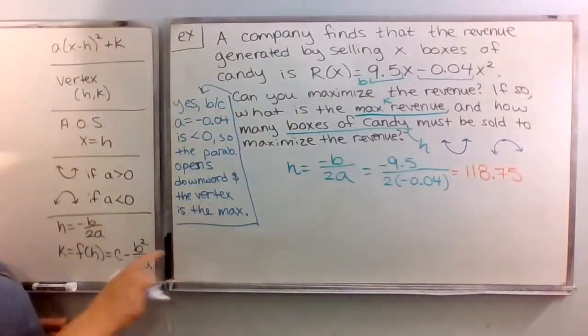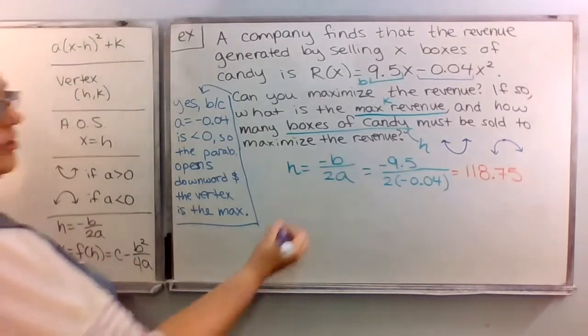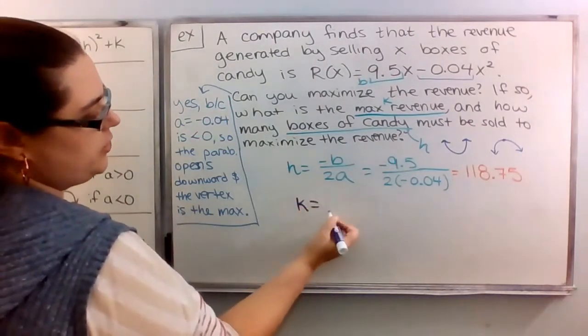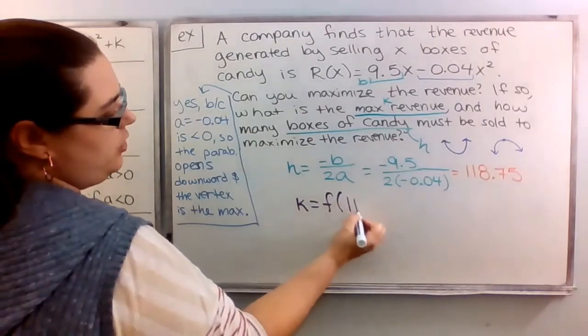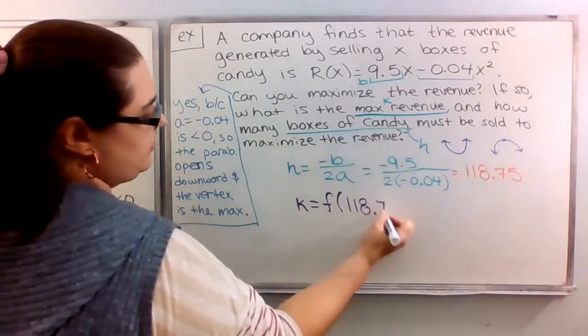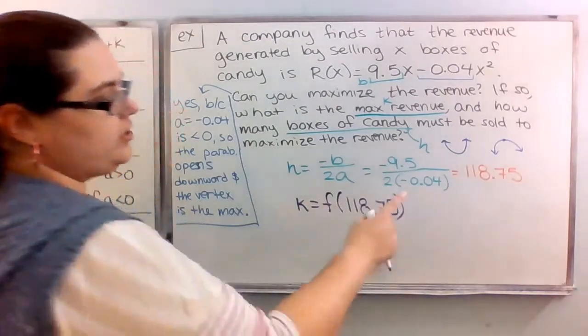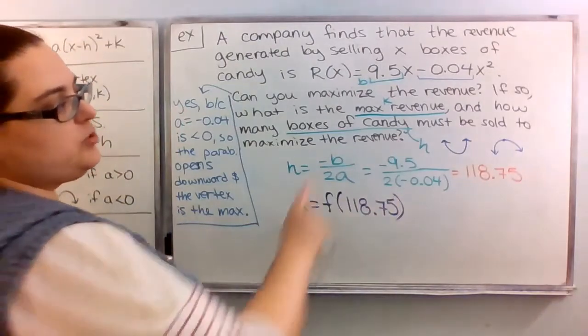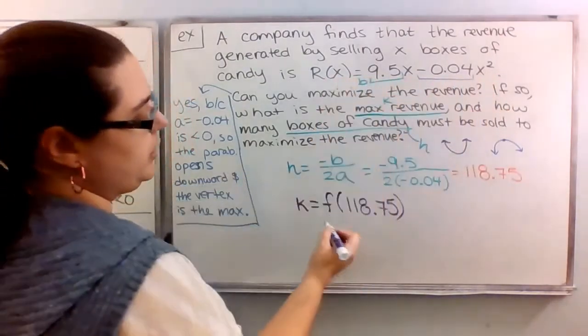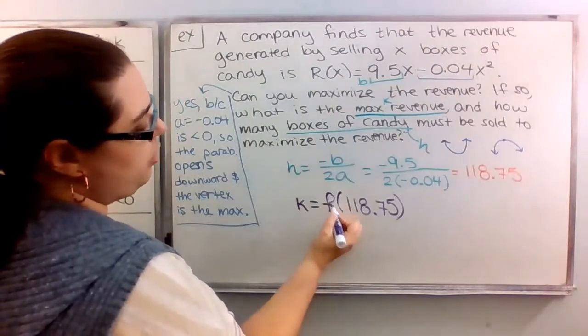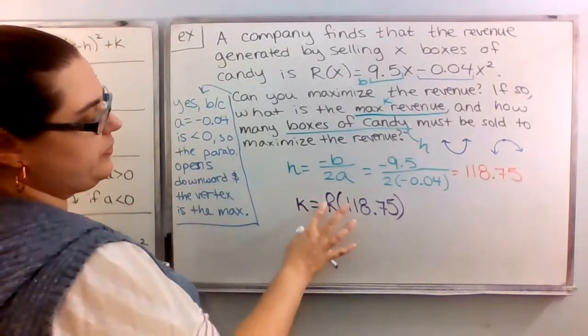So to find k, we're just going to throw that into the function. So k is going to be f of 118.75. That was the value we found for h. And I'm just going to throw that into the formula. Oh, I guess this should be r of that instead of f.